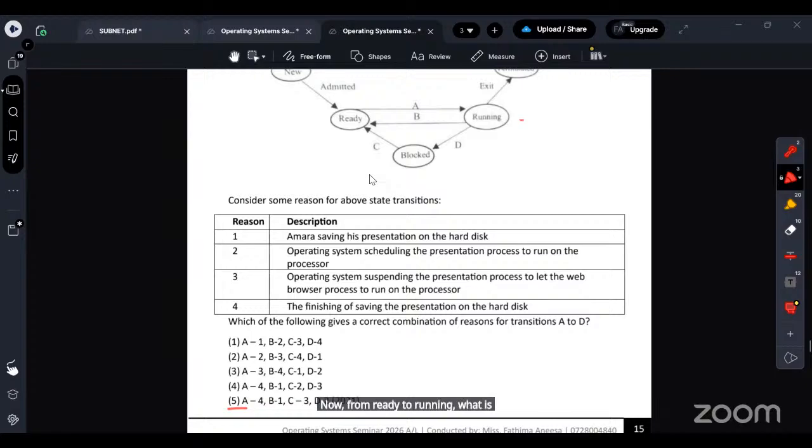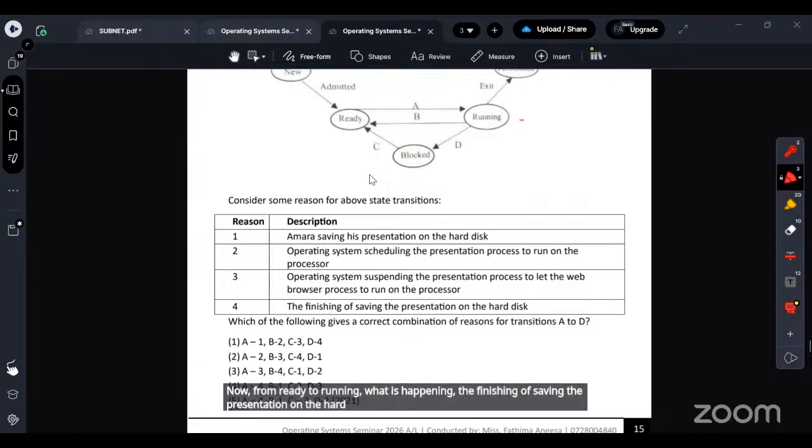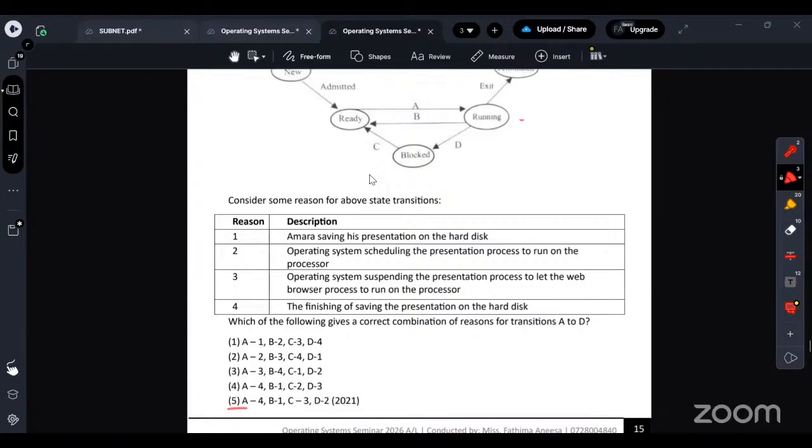The finishing of saving the presentation on the hard disk. So option A, it is both one, whereas B, it is one, the reason of why the state is changing.